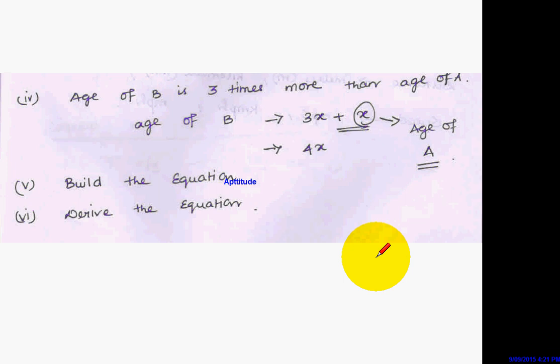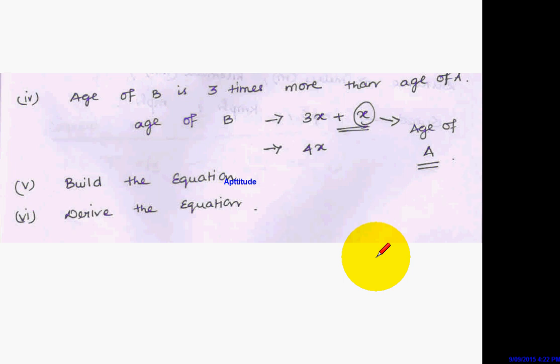Why are we adding that plus x? Because they have indicated that it is 3 times more than the age of A. So age of A plus 3 times the age of A, so 3x plus x, which is 4x. So we have to keenly observe what is given in the problem, whether it is 3 times or 3 times more than.